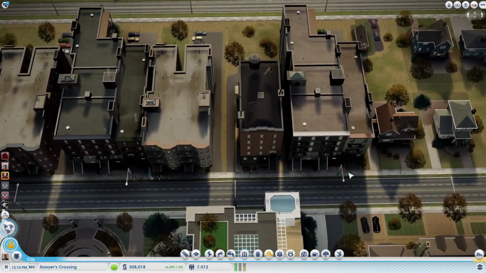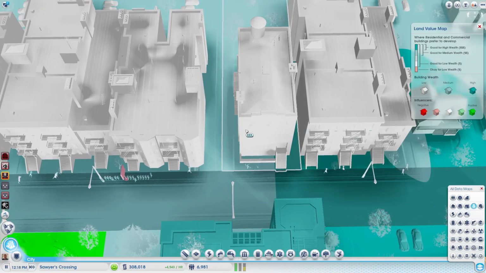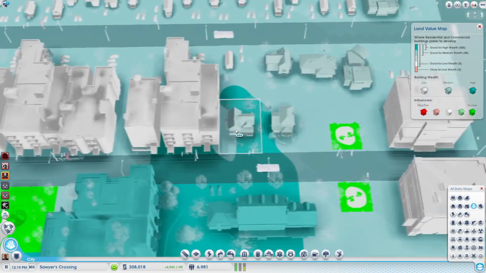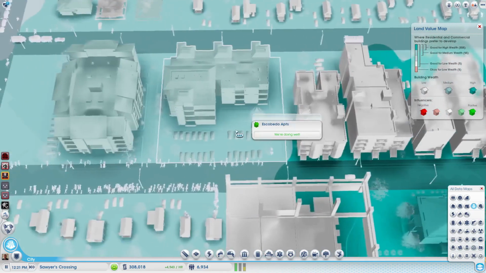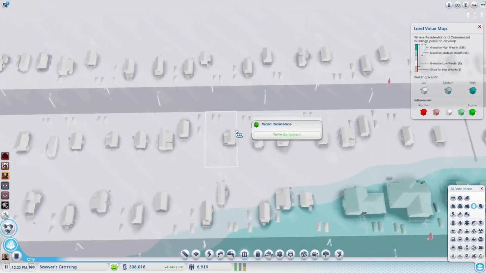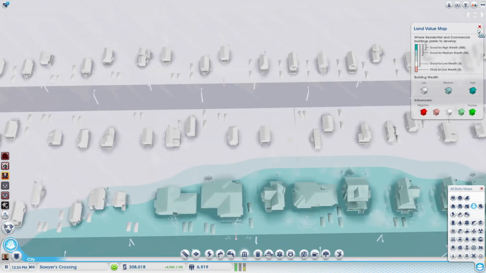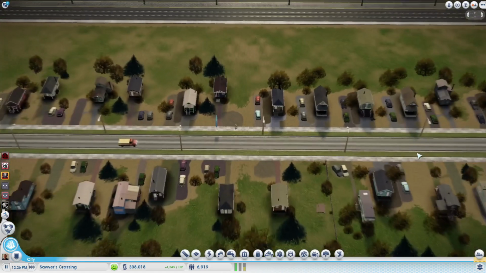Because of the way the values have laid out when we do the data, these are medium. And then when we work our way out here, we start to transition back to low land value.